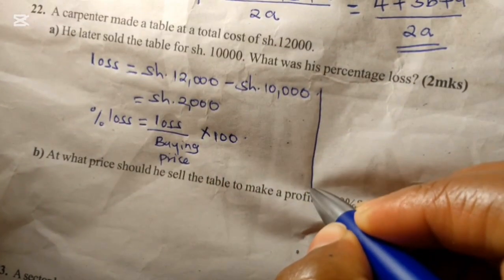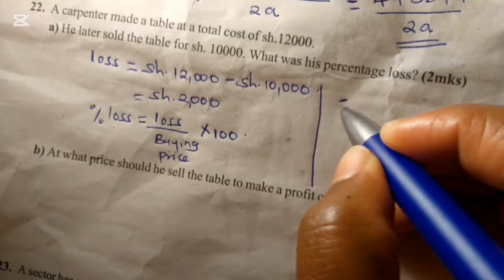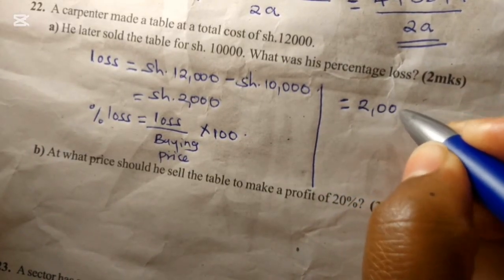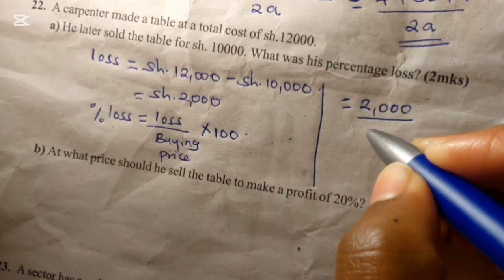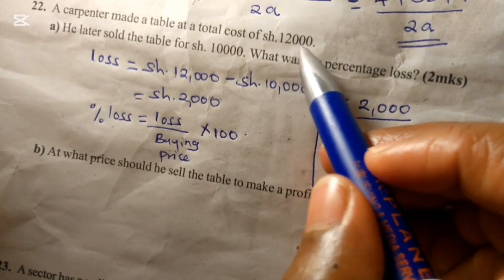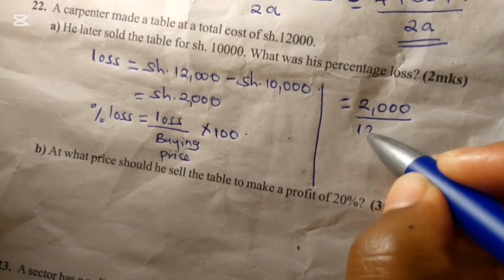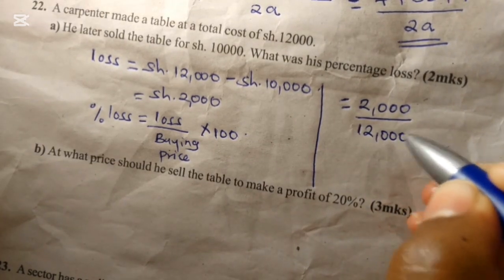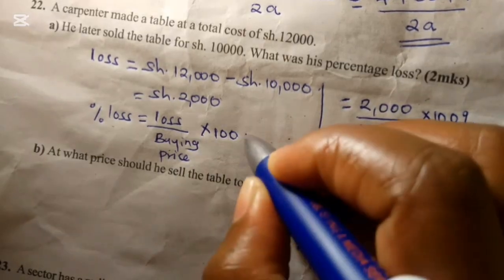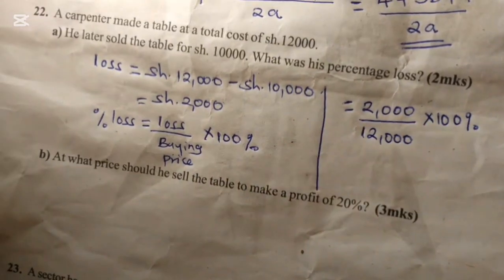You already have the loss, so the percentage loss will be equal to 2,000 shillings divided by the buying price. The cost used to make the table is 12,000 shillings. So divide by 12,000 shillings, times 100 percent.